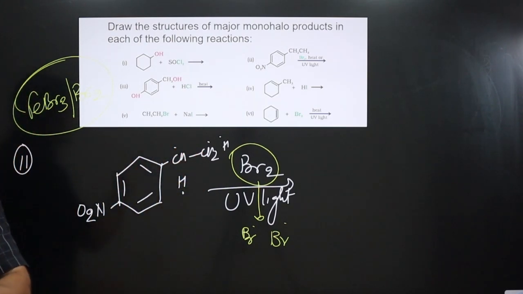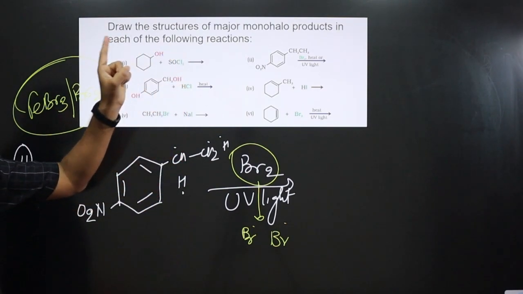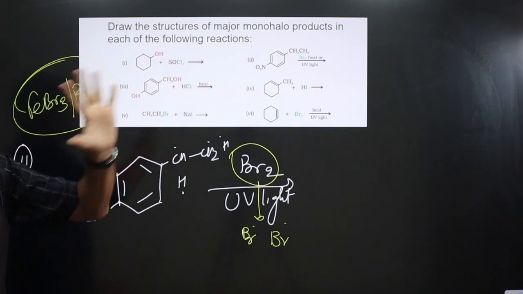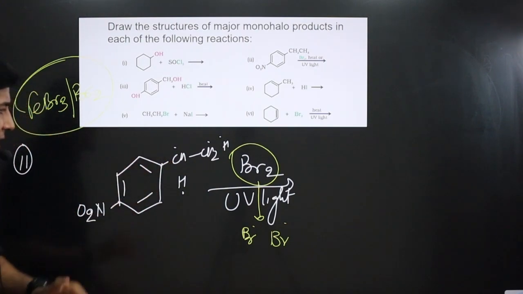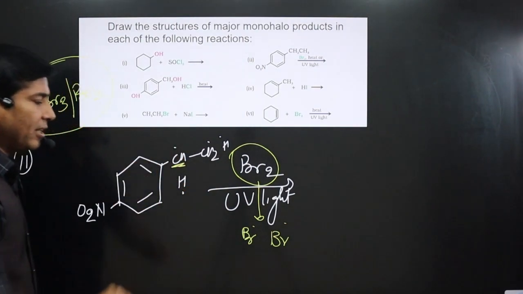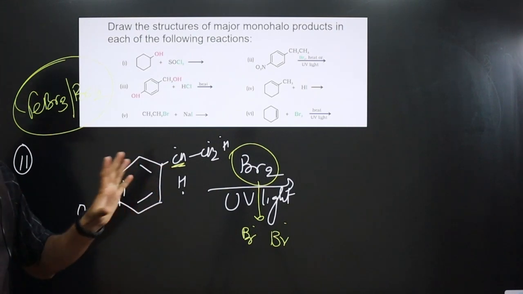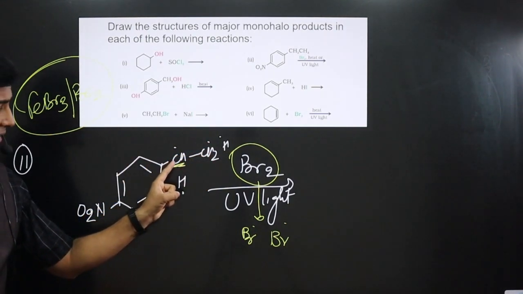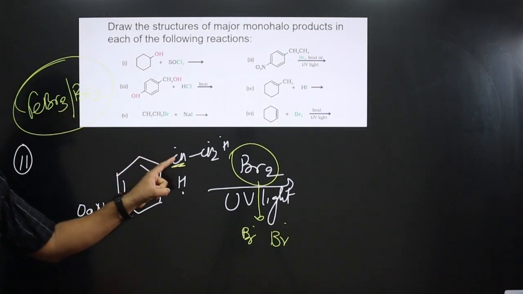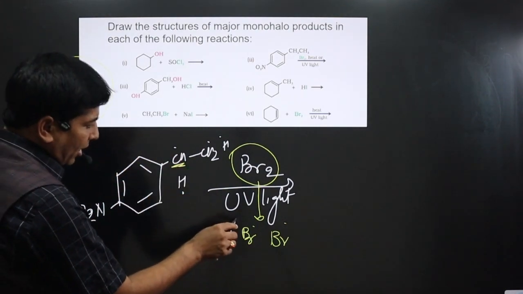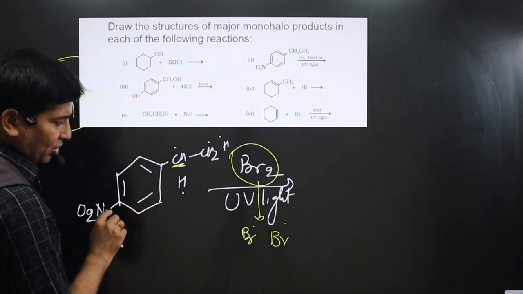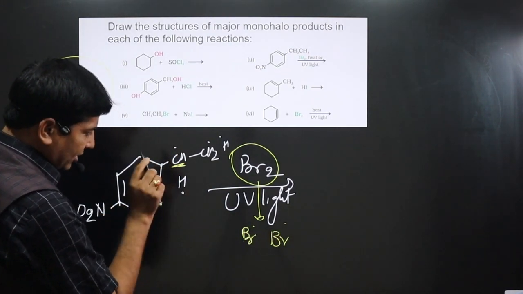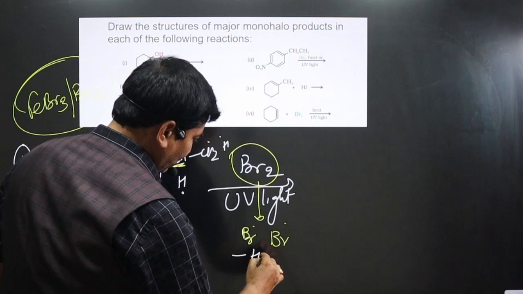See, the question says form the major monohalo product. That's why we should focus on the second degree free radical carbon. From here we should form the product. If I consider the other, we'll get the minor product because it is less stable. This carbon is more stable. So one Br dot will connect to this carbon radical and one Br dot will connect to this H dot, and from here we remove HBr.